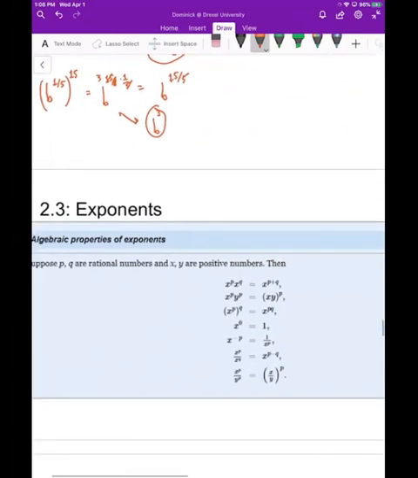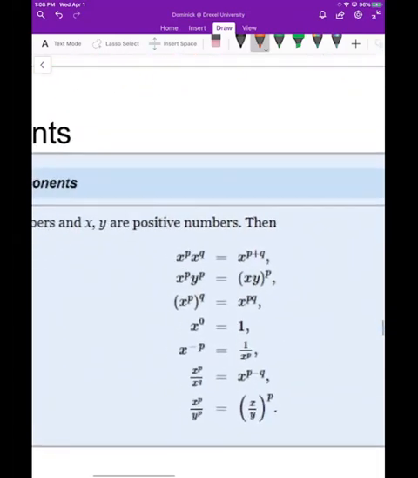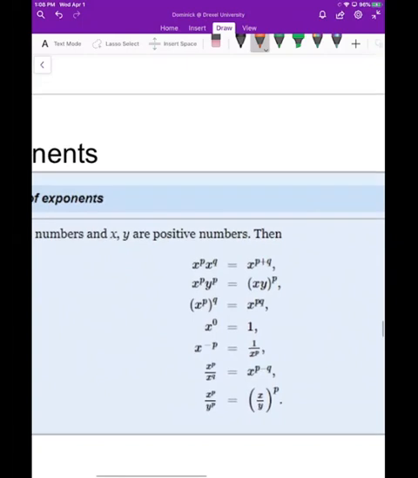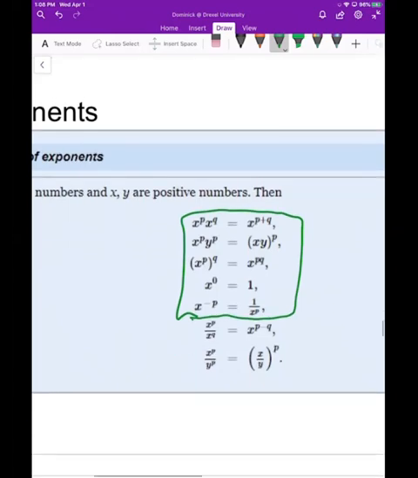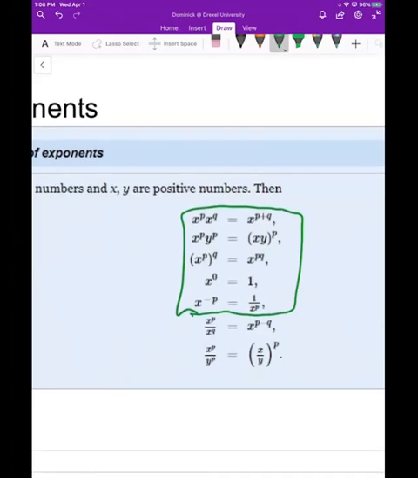Okay, so these are all of the exponent rules that we've talked about and an additional few. So these are the ones that we've already talked about, and we also have these two extensions of ones that we've already talked about.